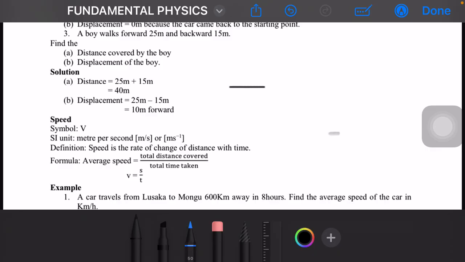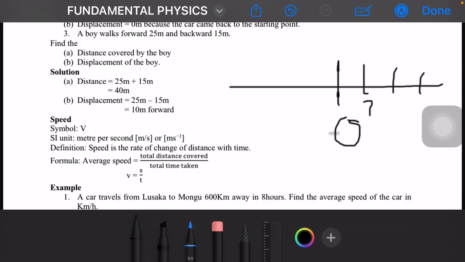There you have 0, and you have 1, 2, 3. This is the positive side. You have positive 3.